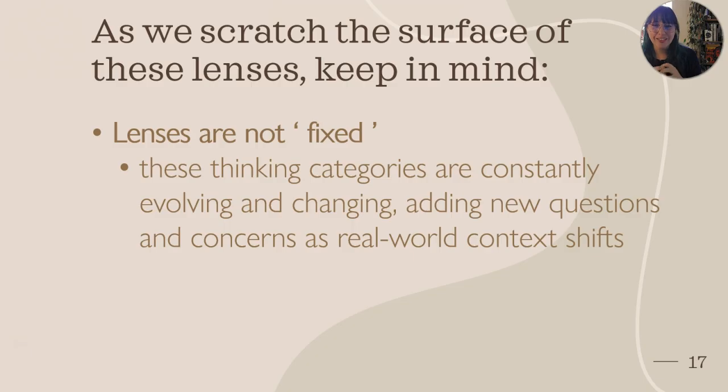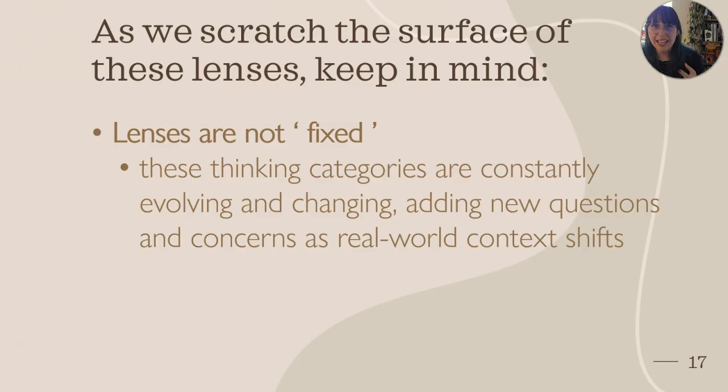These thinking categories really are constantly evolving, changing, adding new questions and concerns, just like our real world context is continually shifting. I've done the best I can to include recent updated questions and concerns, but these things will change. And also, as we talked about in our opinions chapter, these are my opinions.